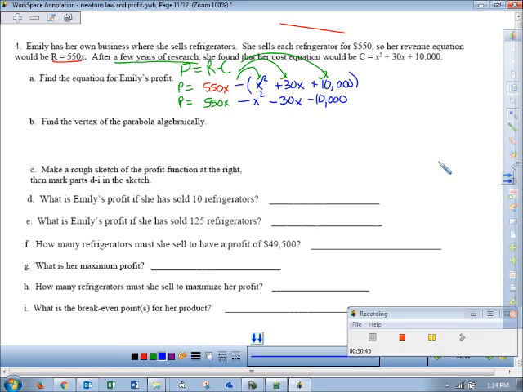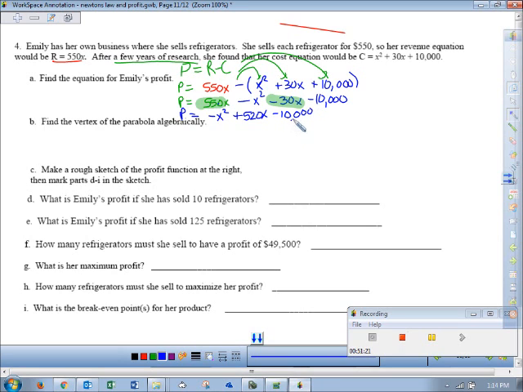So far, so good with what I've done. Any like terms that I could combine? X's, right? So let's keep this in standard quadratic form. Profit will equal negative X squared. 550X and negative 30X is how many X's? A positive 520 X's minus 10,000.